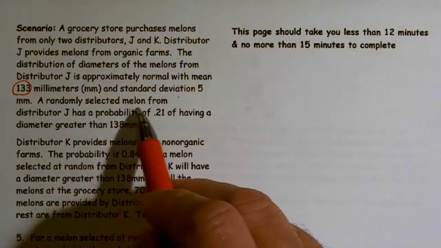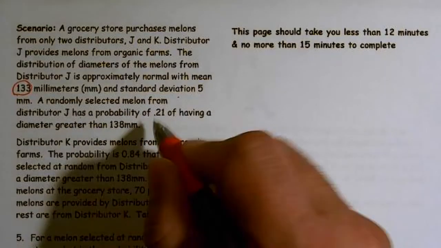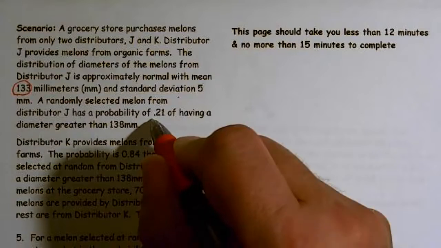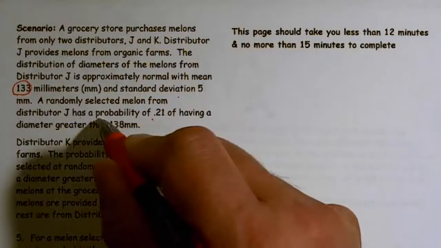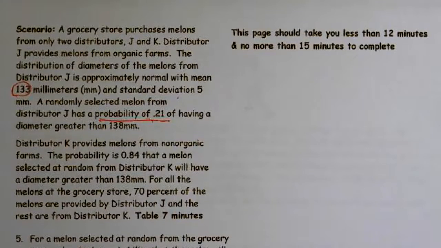A randomly selected melon from distributor J has a probability of 0.21 of having a diameter greater than 138 millimeters. So in other words, if you have a randomly selected melon, there's a 0.21 chance that it's greater than 138.